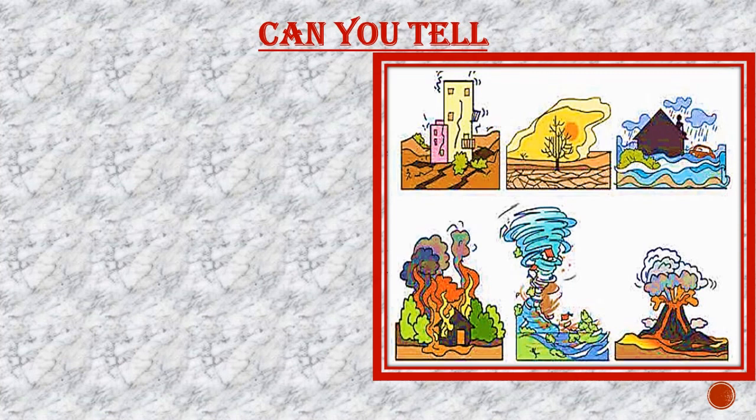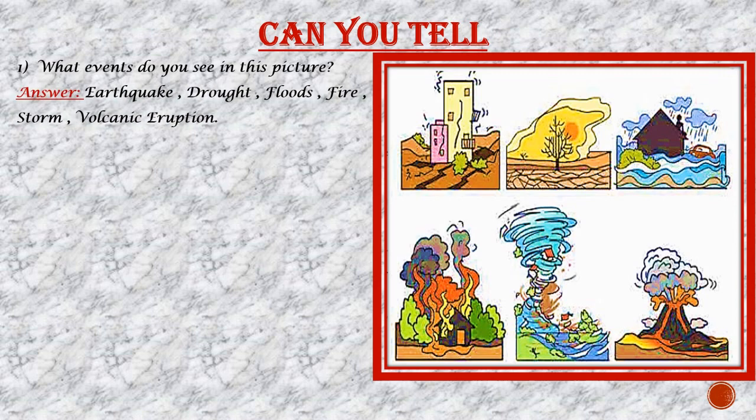Now students, can you tell what events you see in this picture? Yes, you can see earthquake, drought, floods, fire, storm and volcanic eruption. Now the next question, what would you have done in these situations?